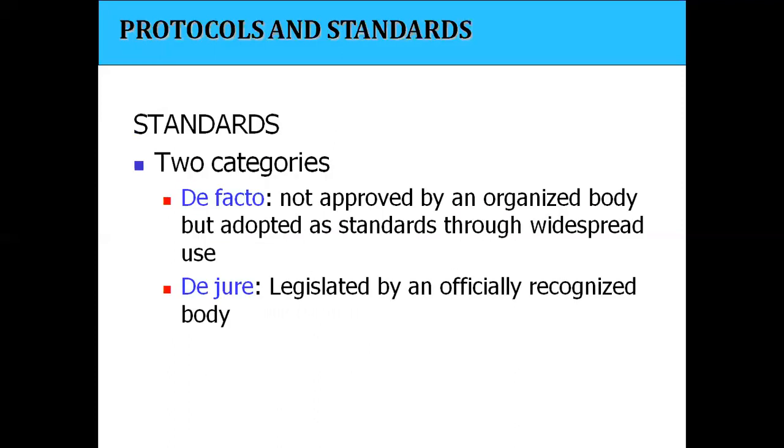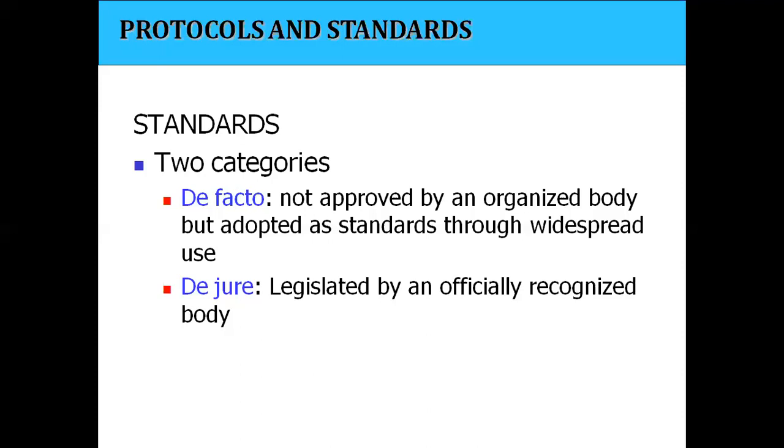Standards. Standards are essential in creating and maintaining an open and competitive market for equipment manufacturers. They provide guidance to vendors, government agencies, and manufacturers, etc. These are of two types: de facto standards and de jure standards.